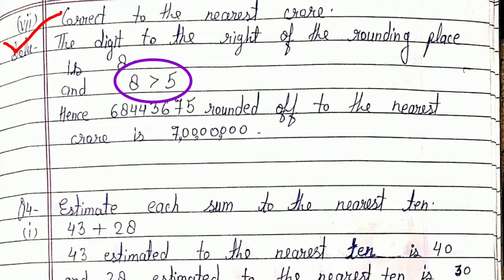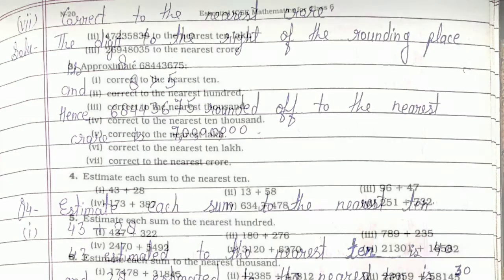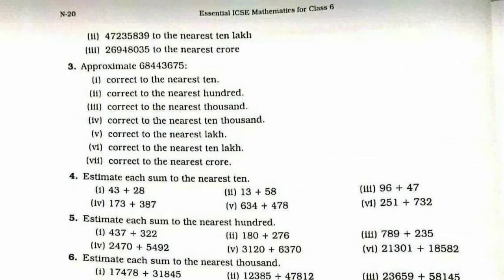Hence, 6 crore 84 lakh 43,675 rounded off to the nearest crore is 7 crore. Now, remaining parts we will try by your own.